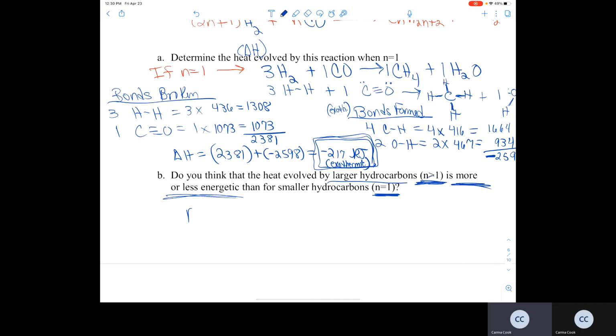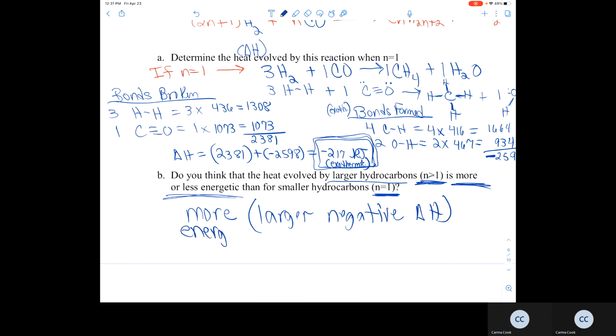Well, it's going to be more energetic. You're going to get a larger negative, because it's an exothermic process overall, whether n is 1, 2, or 3. It's just how big the negative is. You'll get a larger negative delta H because the amount of heat evolved is going to be more energetic.